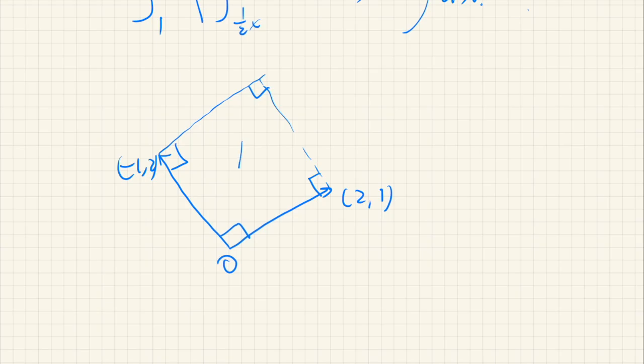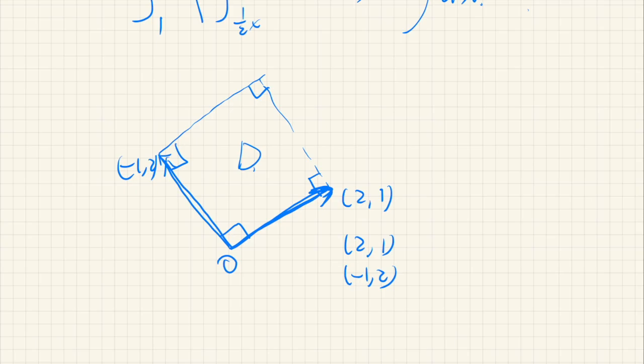Okay, so this is the region D. Let's express this region in different coordinates. So let's take this vector, that is 2, 1, and this vector, that is negative 1 and 2.